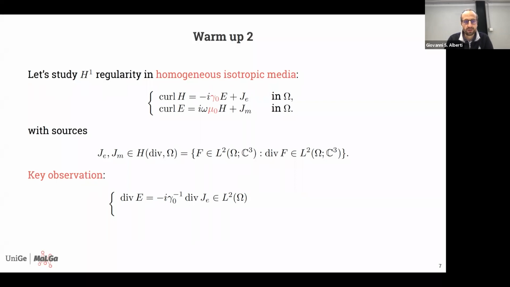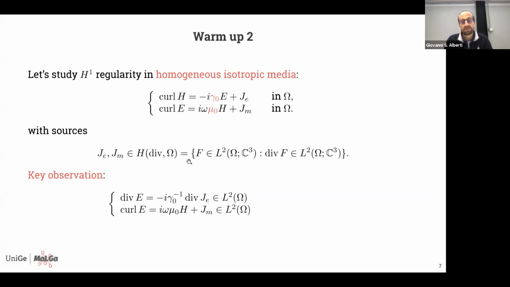So the key observation here is that, again, you take a divergence in the first equation. And since gamma 0 is constant and isotropic, I can take it out from the divergence and put it on the other side. So the divergence of E is simply this thing here, which is a multiple of the divergence of JE. And so in particular it is in L2 because the divergence of JE was in L2.